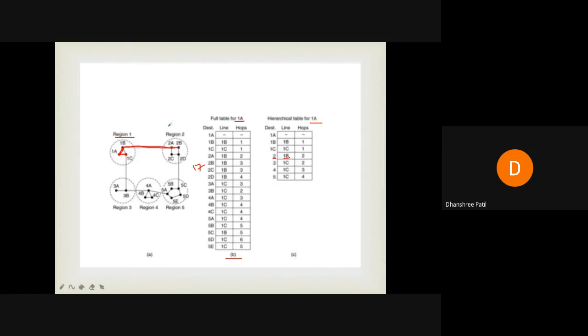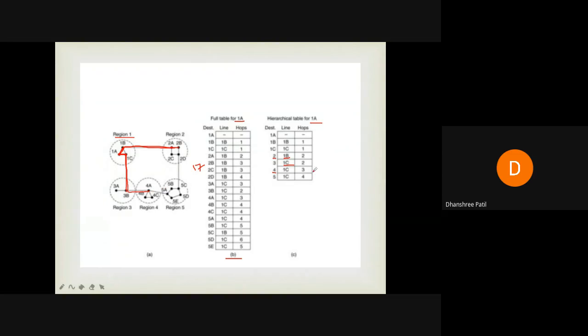Similarly, 1A to region 3, it will reach through 1C this way, 1A, 1C and this one, by using 2 hops. Similarly region 4, it will reach through 1C, so it will go to this one and this one. So the number of hops will be 1, this 2 and this 3.